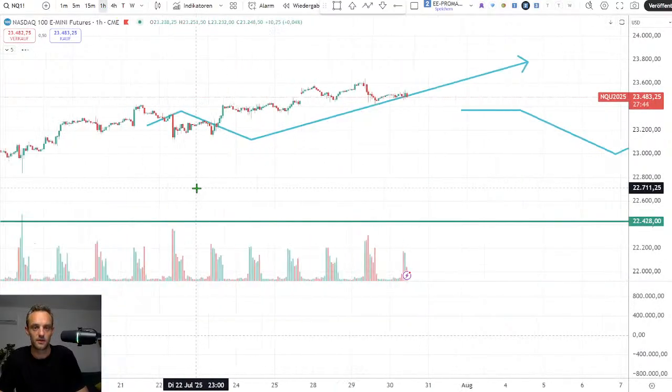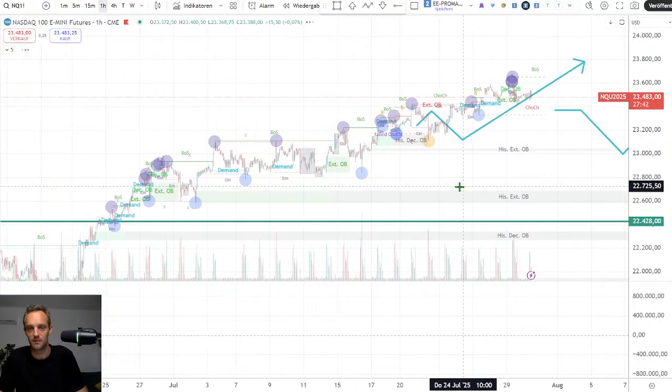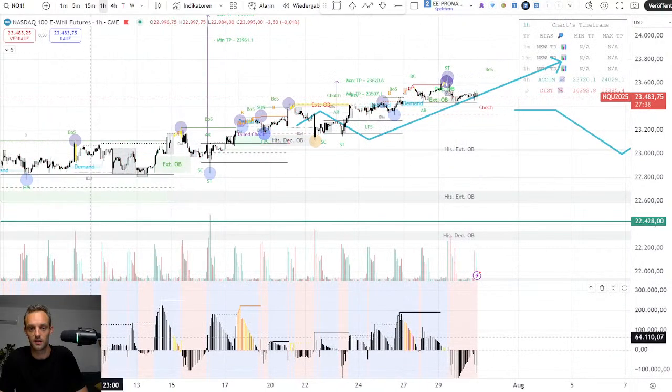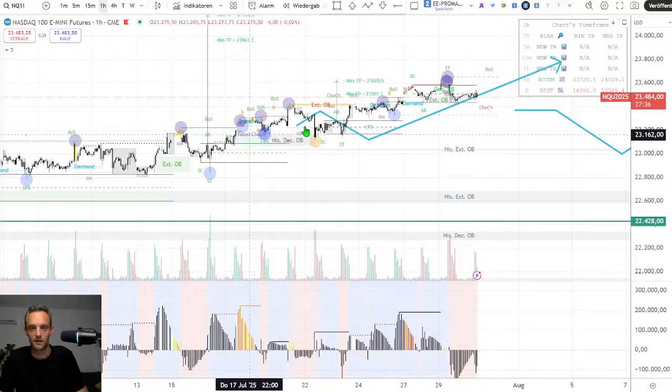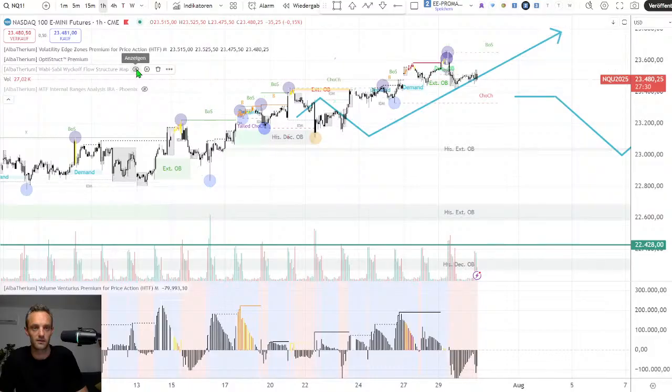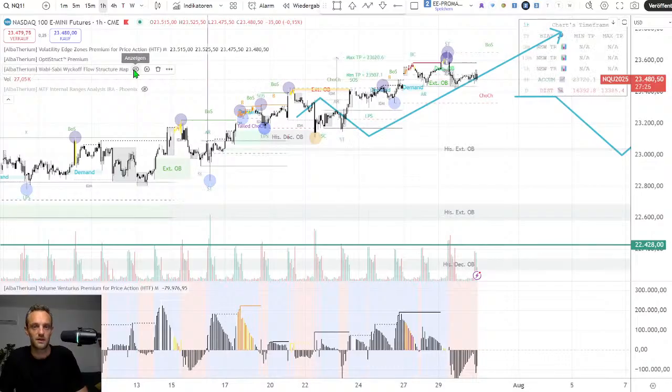In the 1 hour chart, we have a similar picture. Okay, in the 1 hour chart, everything is the same. It's pretty full, right? This chart with all these things. Yeah, it's self-destruct.